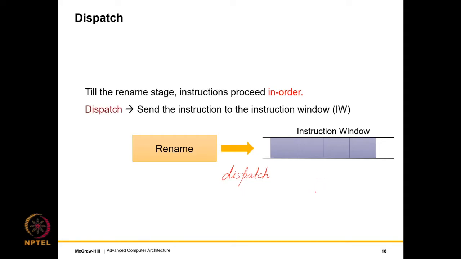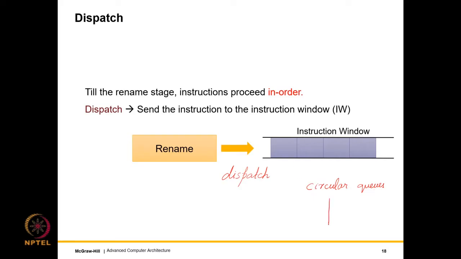The instruction window is essentially a set of instructions, and it is typically organized as a circular queue. Almost all queues in hardware are organized as circular queues. The reason being that a queue is essentially a software concept that is meant to be implemented using a linked list, but this is rather hard to do in hardware, because we cannot implement such a complex thing as a linked list.